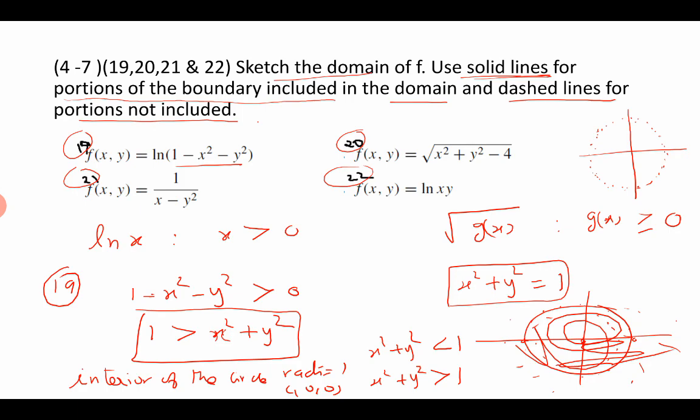And x square plus y square less than 1 says all the points inside the circle whose radius is 1, but not on the boundary. If there is equality, you can use the boundary in a dark line, that is solid lines. Now I am using dashed lines because the boundary is not involved. This is the graph for problem number 19.